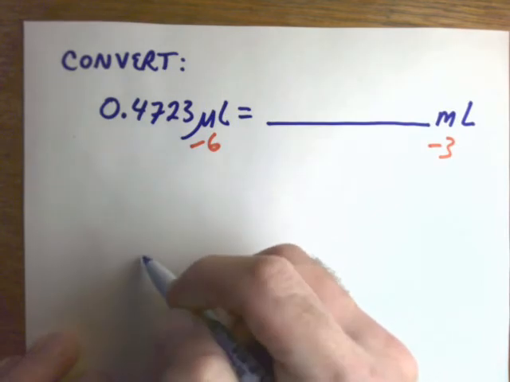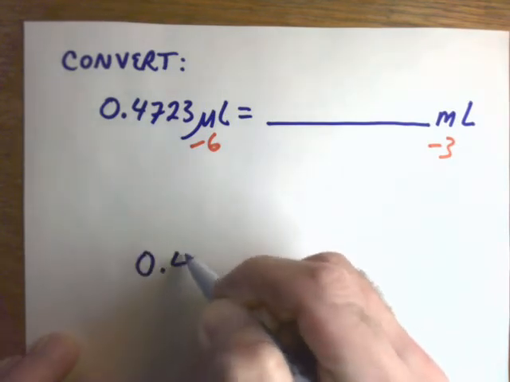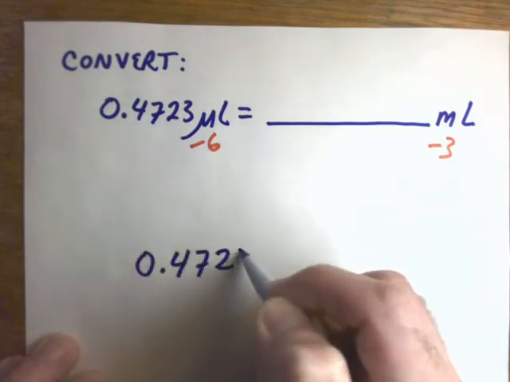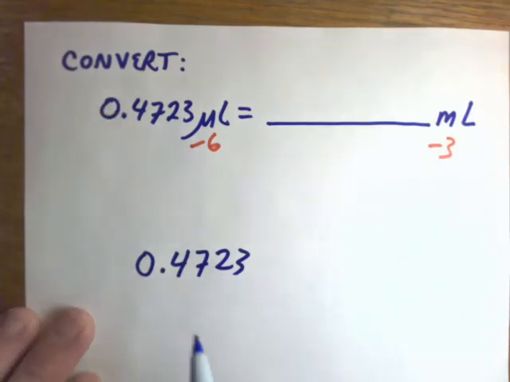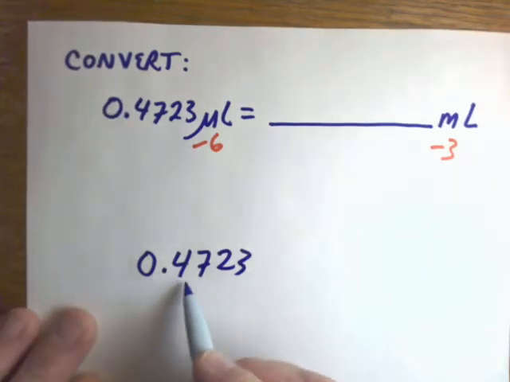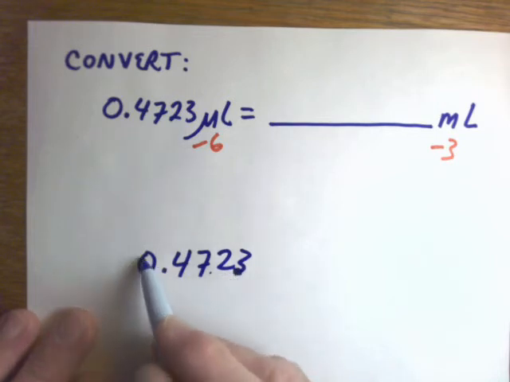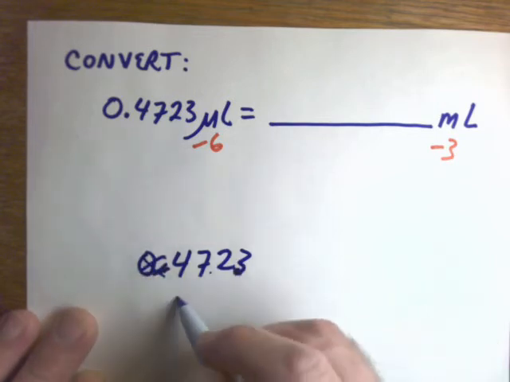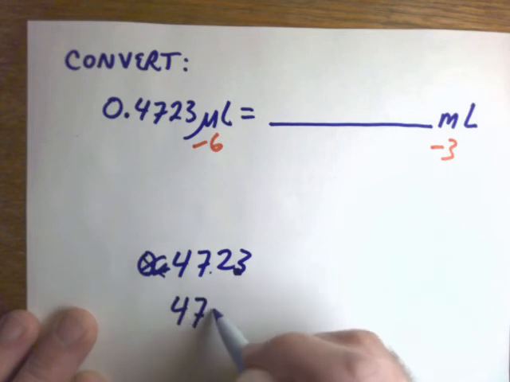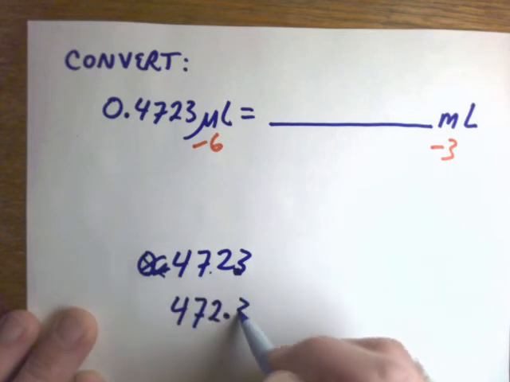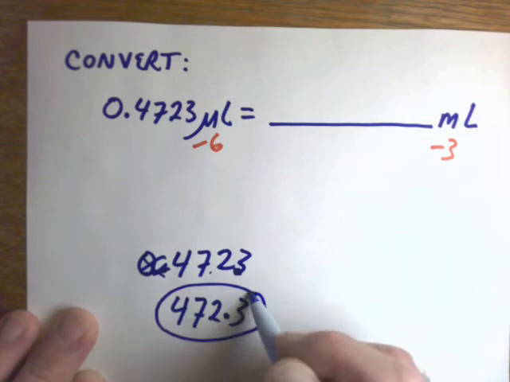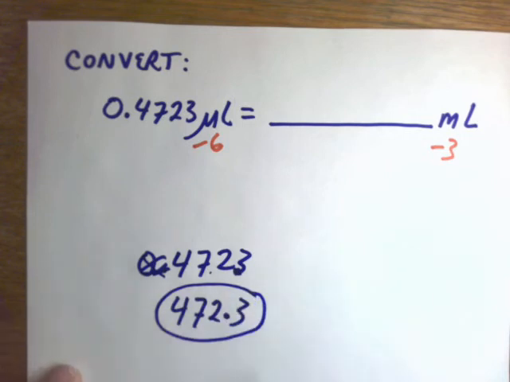I'm just going to write this out twice. I'm going to say, what if I start out with this number, that number right there, and I go to the right 3 places, 1, 2, 3. If I do that, that goes away. I'll write it more clearly here: 472.3. That might be the right answer. I'll decide later.